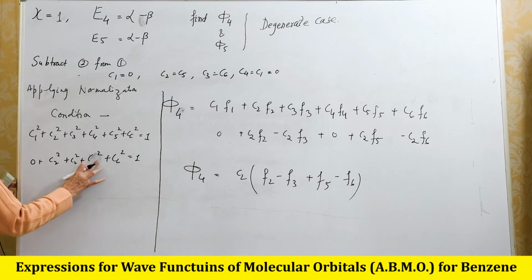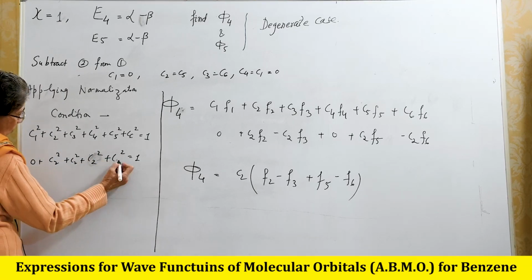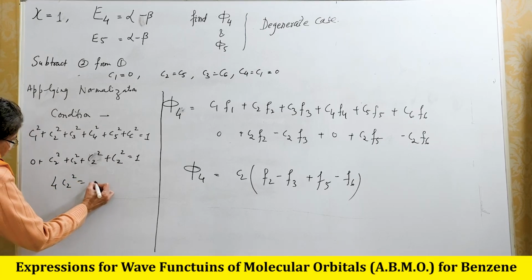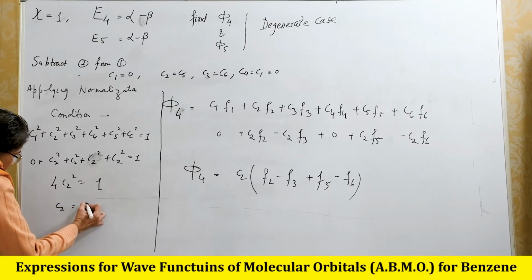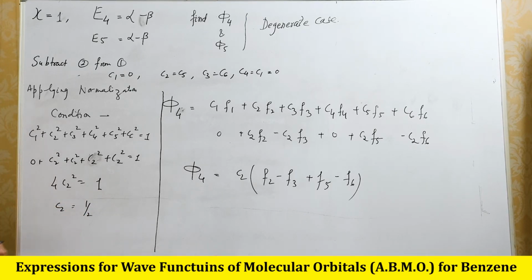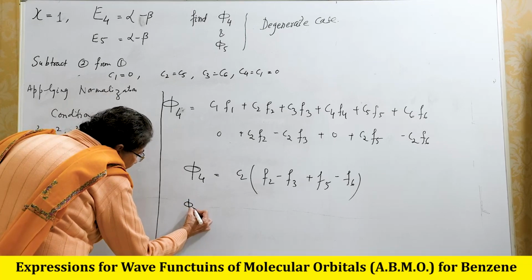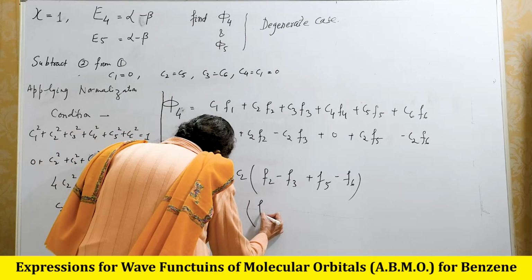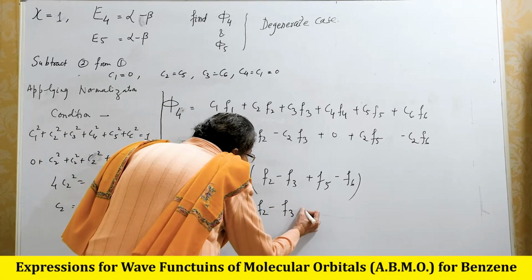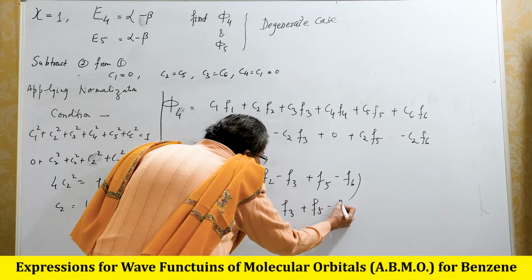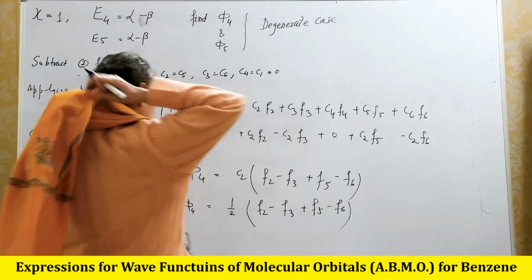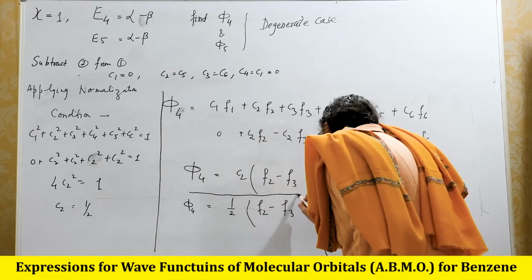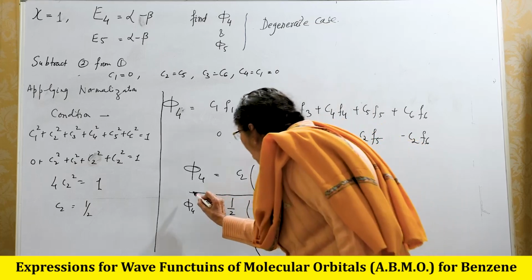Therefore 4 C2 square is equal to 1, so C2 is equal to 1 by 2. So here phi 4 is 1 by 2 times F2 minus F3 plus F5 minus F6. And this is the fourth anti-bonding molecular orbital and has no electrons.